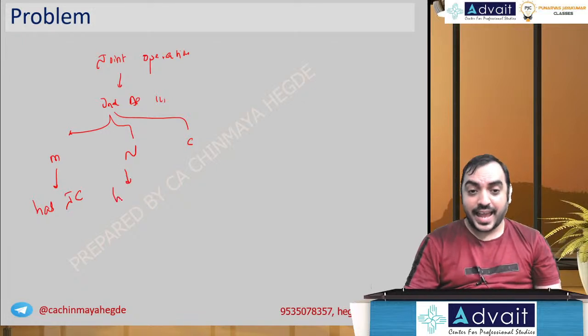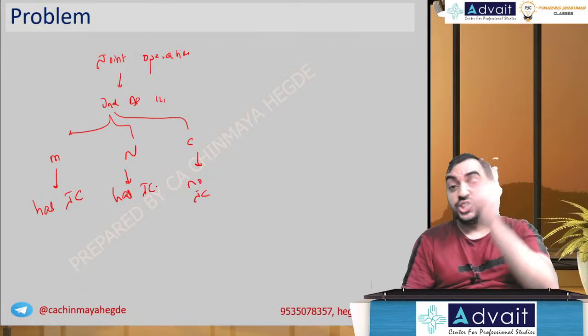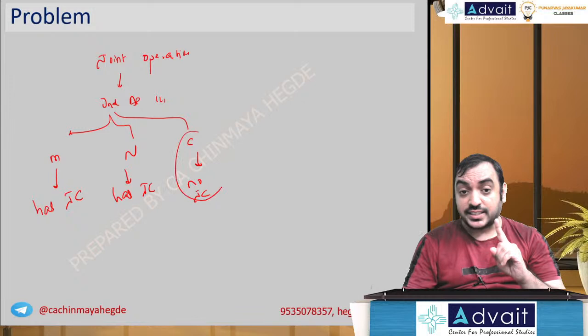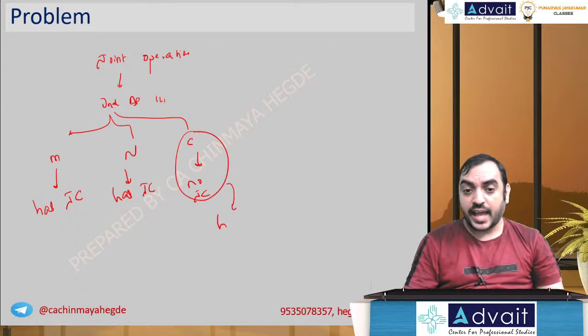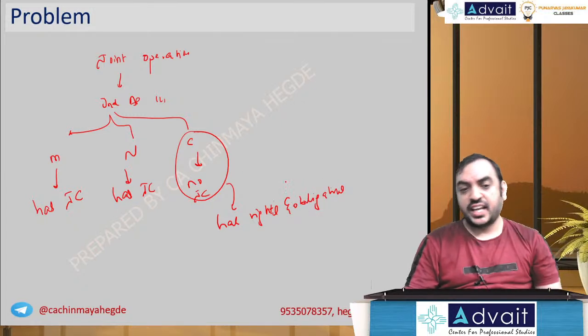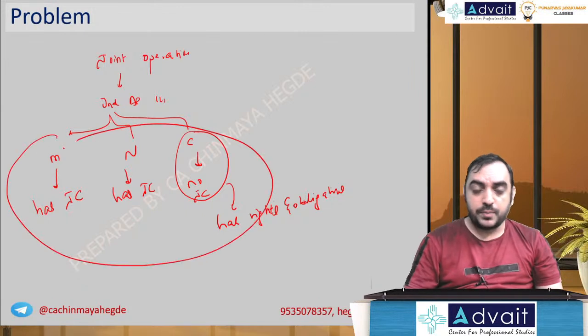N Limited has joint control. C Limited has no joint control, but it is a joint operation. When C Limited has the rights and obligations to the operations, assets, liabilities, even though no joint control, all the three will have to account similarly.